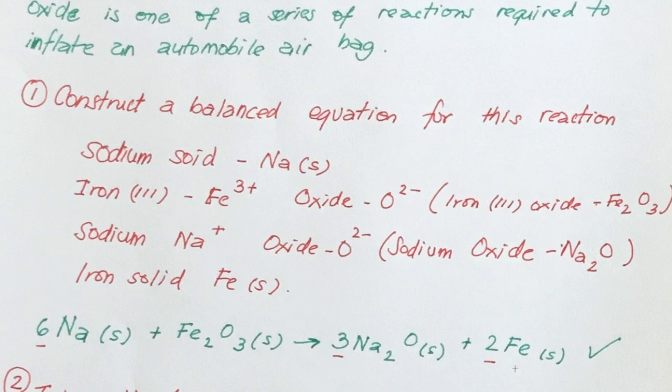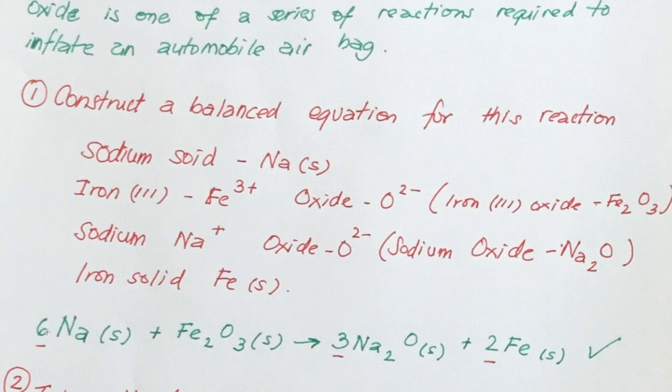But in balancing this entire equation, we balance the irons with a 2 here and a 2 here. That's already there. Oxygen's got 3 here, and this oxygen's got 1. So we had to put this 3 here, you see. That 3 is to make sure that 3 multiplied by 1 for oxygen matches this 3 here. In doing so, this became 6, and then we had to put a 6 over here.